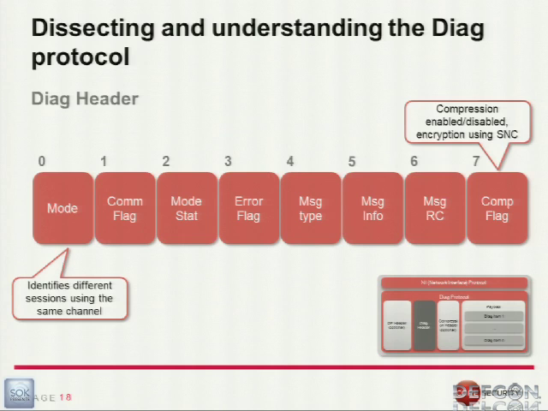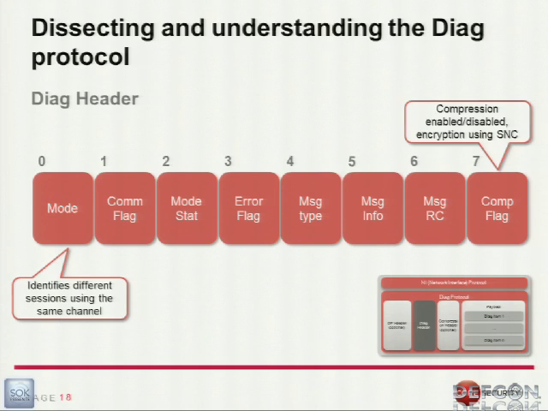The Diag header is present in all the Diag packets, and it's an 8-byte length header. There are only two relevant fields. The first one is the mode. The mode is a 1-byte field that identifies different sessions using the same communication channel.